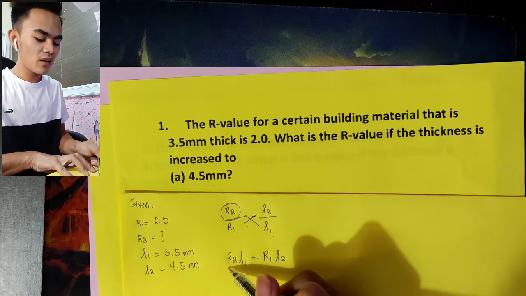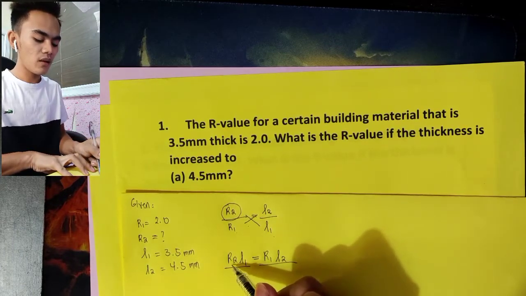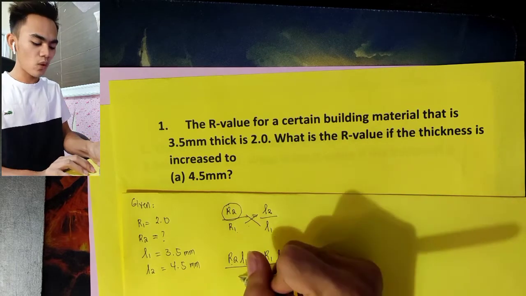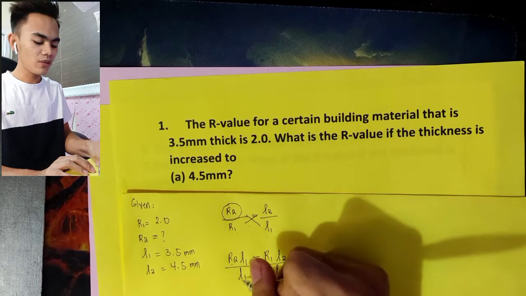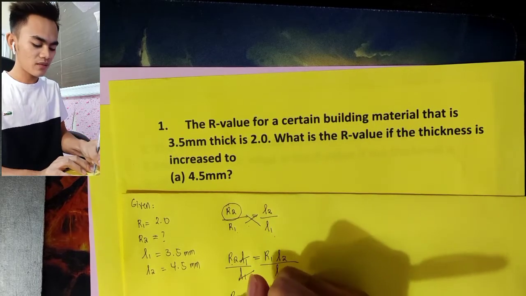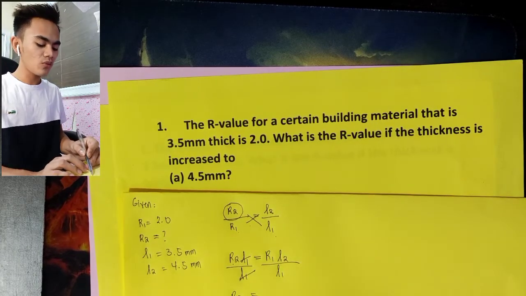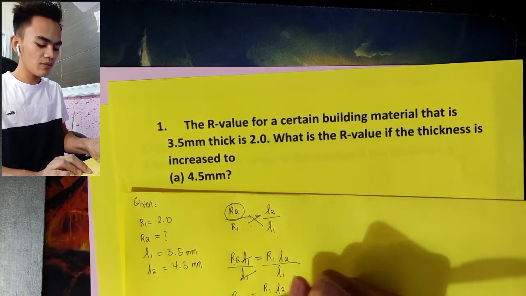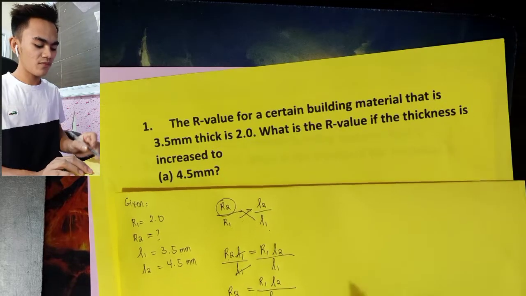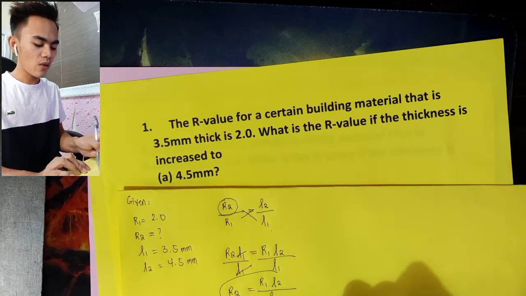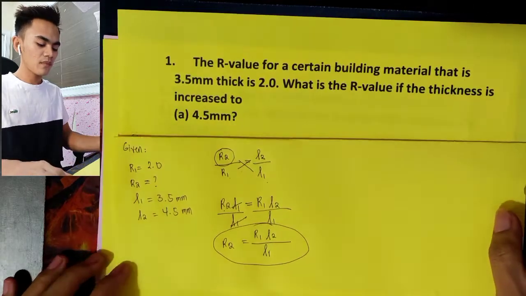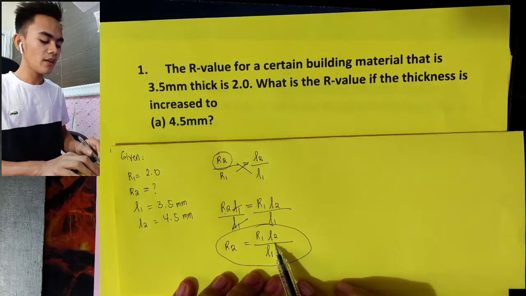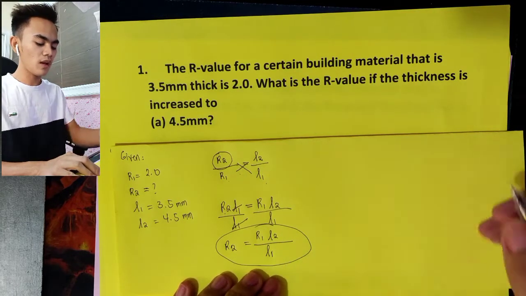Since we are finding R2, we divide both sides by L1 to cancel out and R2 remains. So R2 is equal to R1 L2 divided by L1. This is now our formula.